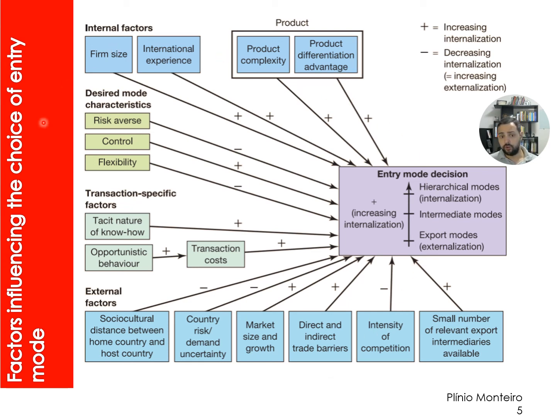You can use this model to analyze the best option to choose an entry mode given the conditions and the scenario of the home country and the host country in which you are trying to operate.